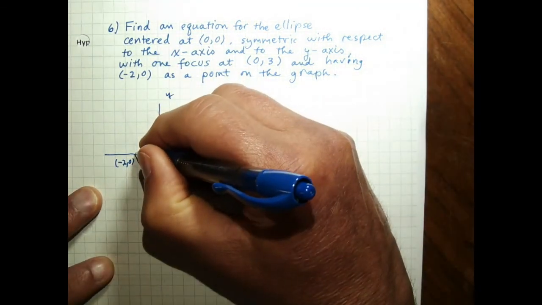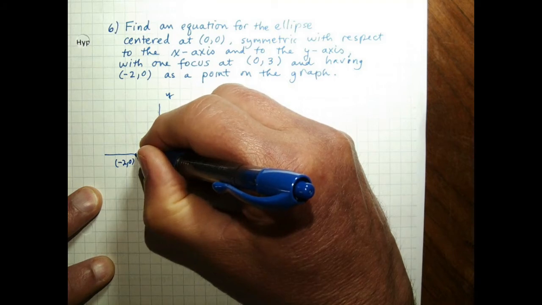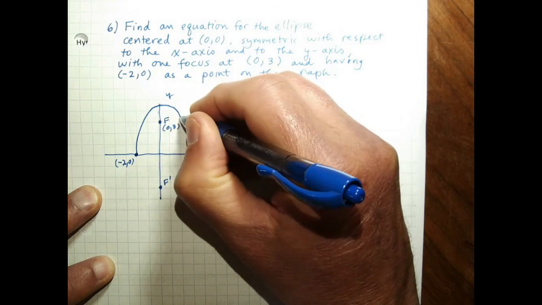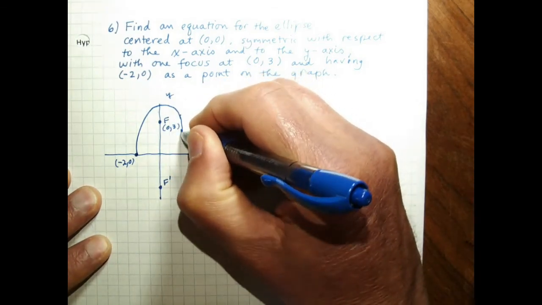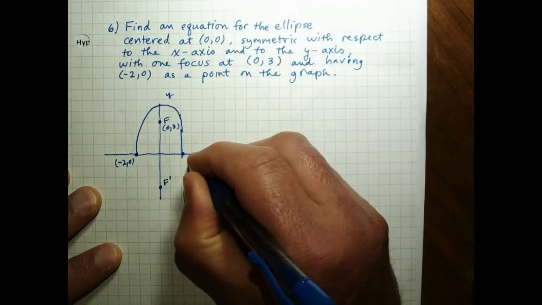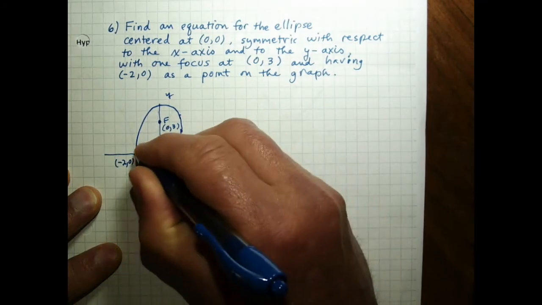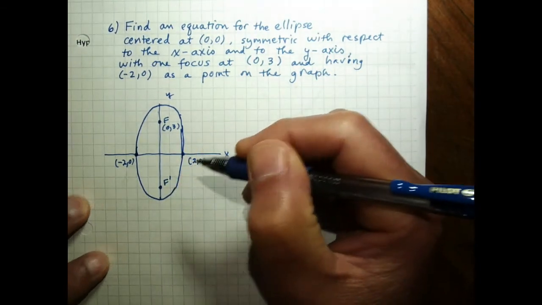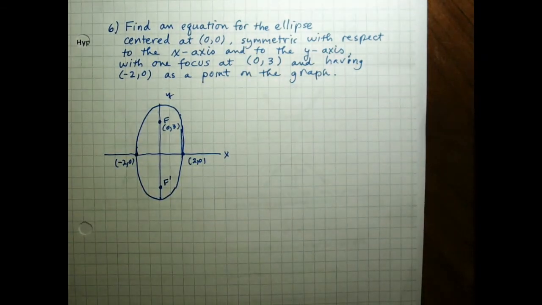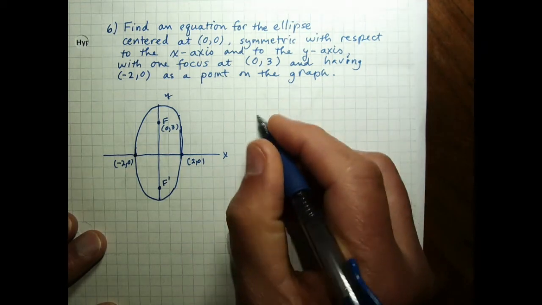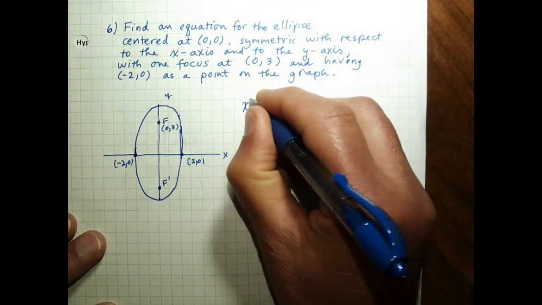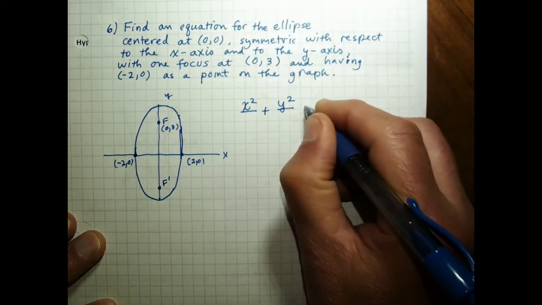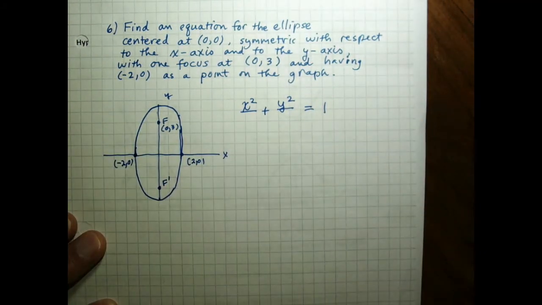So I kind of have this idea that my ellipse is going through negative 2, 0. I don't know exactly where it crosses the y-axis, but it's going to be above that focus. It's also going to have positive 2, 0 on the graph. It's also going to wrap around that other focus. So we're trying to find x squared over something plus y squared over something equals 1.